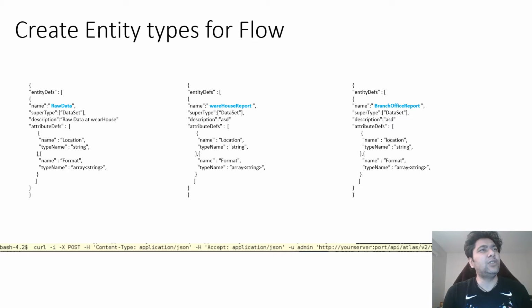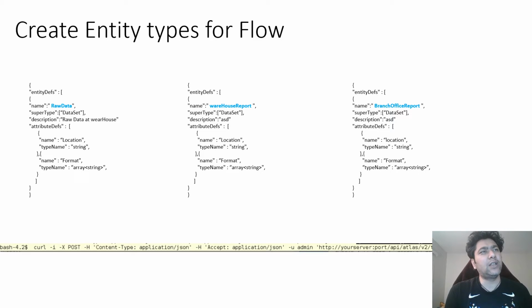As you see, all of them are derived from dataset. That is how we are using the derived class behavior of Atlas. You can study it in my video introduction to Apache Atlas, or I can discuss it in detail later. Here we have defined that this type, raw data, which is created in the first warehouse, will have a location and a format, telling where this data is saved and what kind of data it is.